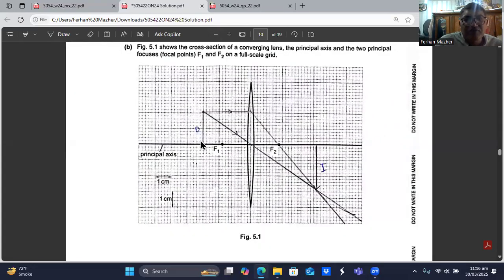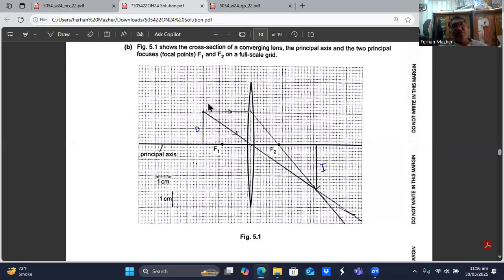So at a distance of 3 centimeter from the optical center here, we have drawn an arrow. Its height is 2.1, and so that is one part. Then we have to start two rays from the head of this object. One ray will go parallel to the principal axis, and then from here it will bend and pass through this principal focus.